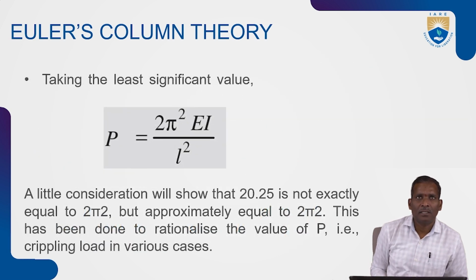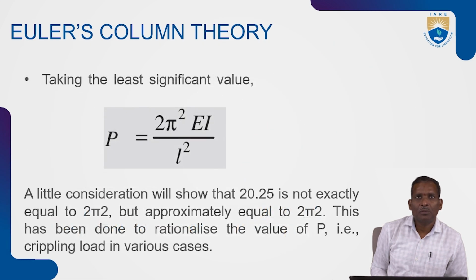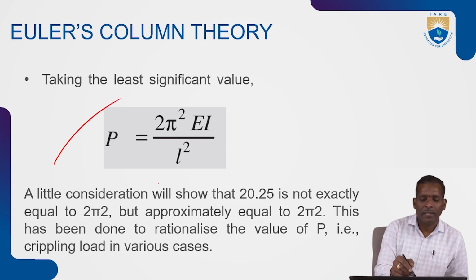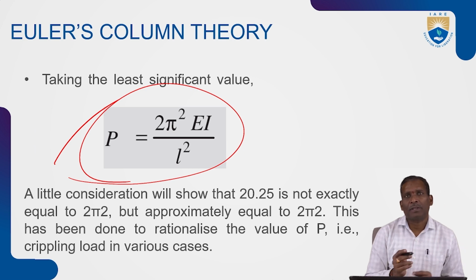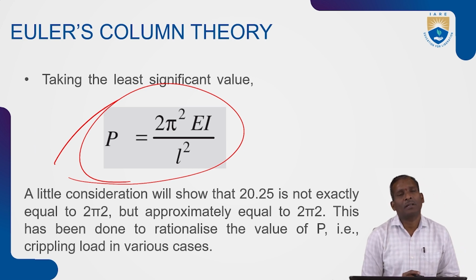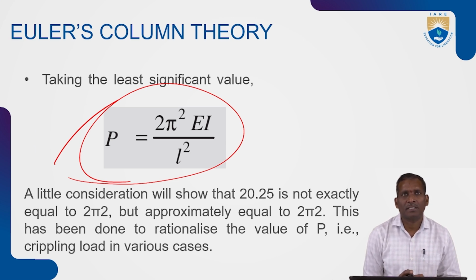Taking the least significant value, P is equal to 2 pi square EI by L square. But in the previous case, it was 4 pi square EI by L square, when the end conditions are one end fixed and another end free. But in this case, one end is fixed, another end is hinged.